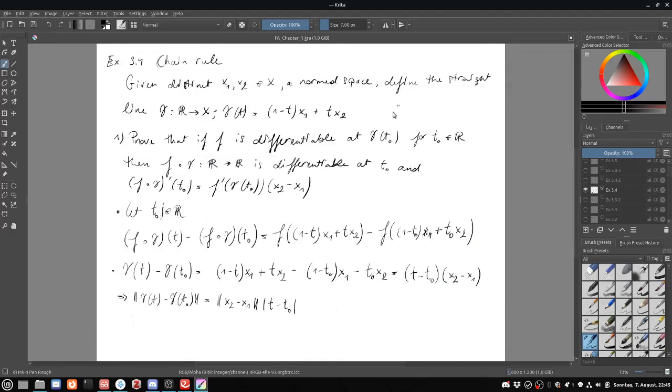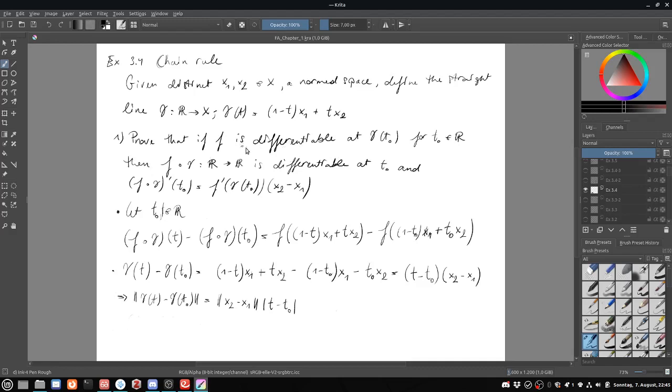Yeah, I guess I'll just explain my solution for the four. Take two distinct points on X, and you have a straight line. Let me recap.